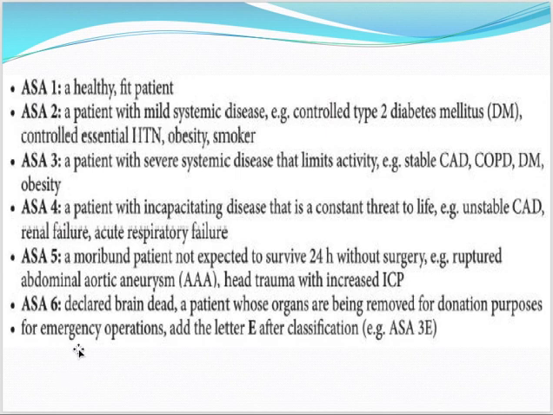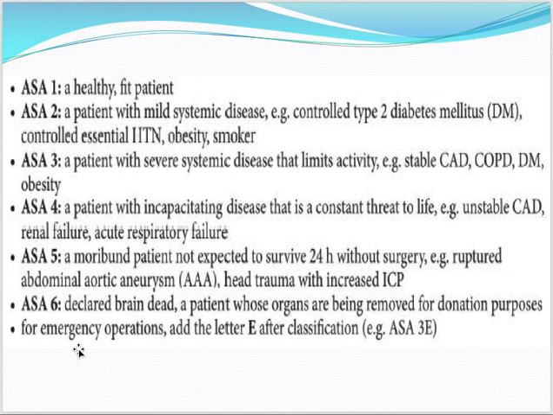Basically they gave the score, and it's very helpful. This is simply to label the patient as a high risk patient or a low risk patient. Basically this is not the only scoring, but this is a very easy scoring and used worldwide.